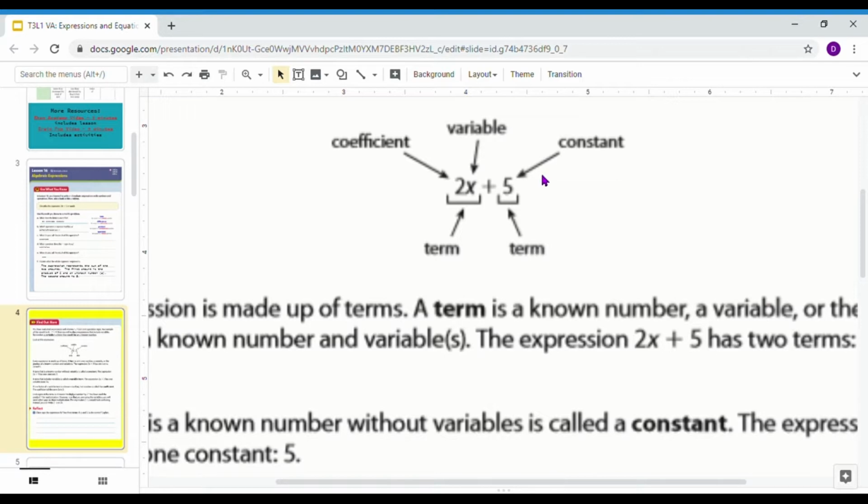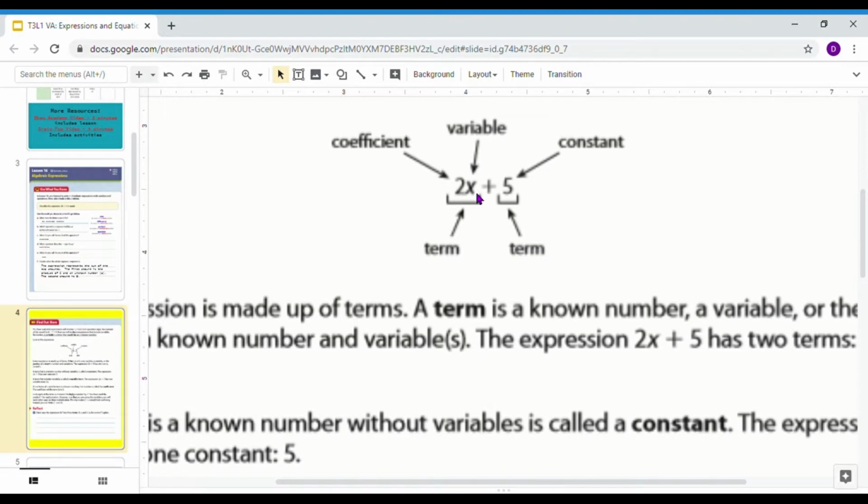So let's hold up and talk about terms very quickly. Terms are going to be a known number, so just a number by itself, like this 5 right here. That's a term. It's a known number by itself, done. Or the other way that we can express what a term is: the product of a known number, like this 2, and a variable, which is our x.